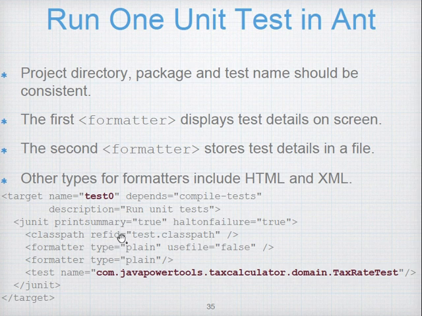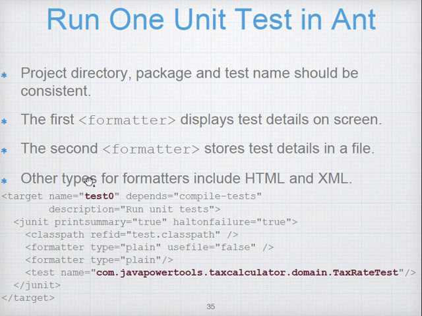And now, I guess the key character in this presentation is the Ant. Okay, how Ant allows you to do JUnit. The target will have a name, and it depends on this.